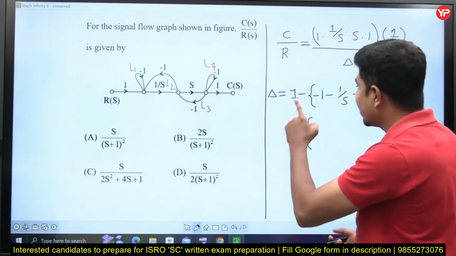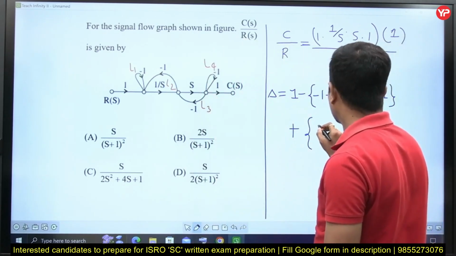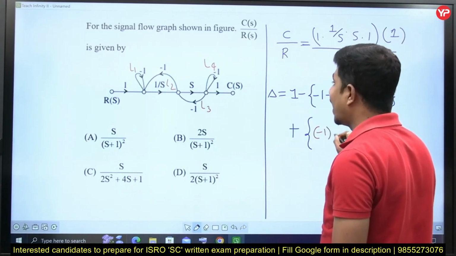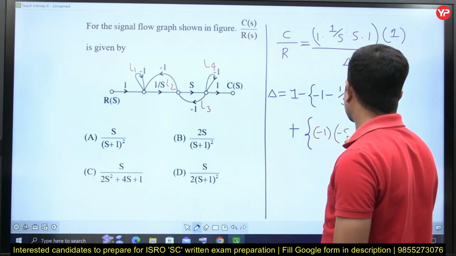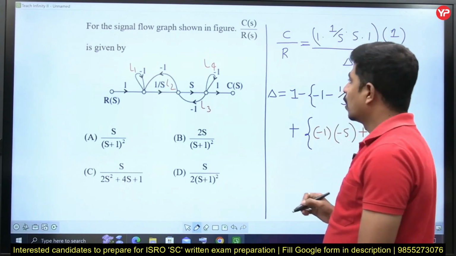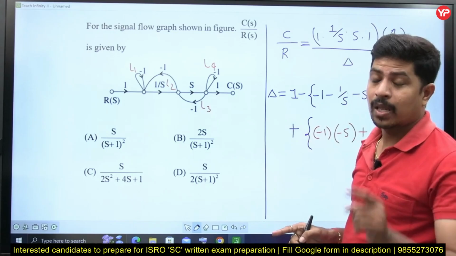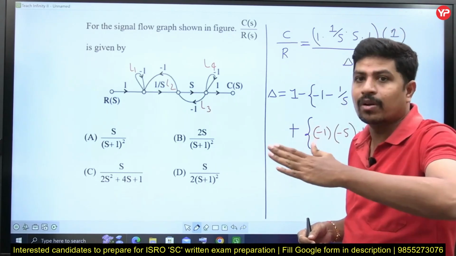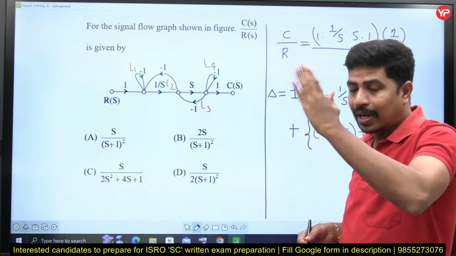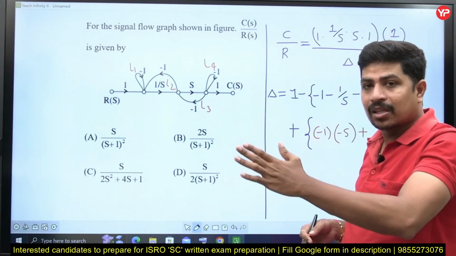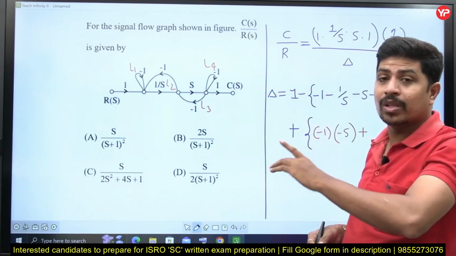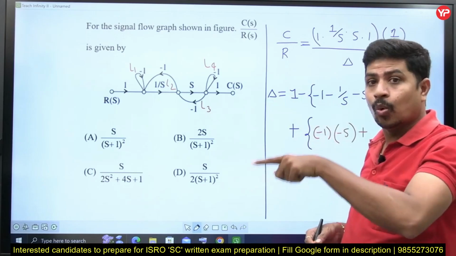L1 with L3 is non-touching, L1 is minus 1, with L3 minus S is one pair, plus L1 with L4 is also non-touching. Check L1 with L2, L3, L4; L2 with L1, L3, L4; L3 with L1, L2, L4; L4 with L1, L2, L3.